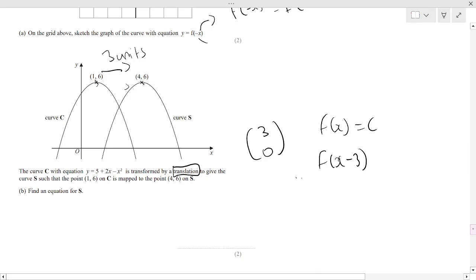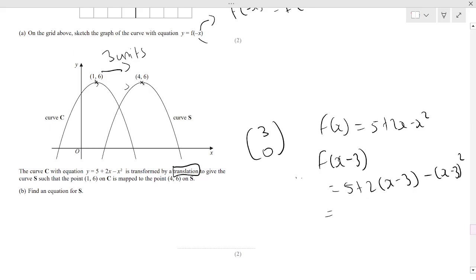So f of x is C, but our equation is 5 plus 2x minus x squared. Then we need to input x minus 3 in. So that's going to be 5 plus 2 lots of x minus 3 minus x squared. So it's minus (x minus 3) squared. You might actually be okay with writing that in as your final answer, but I'm going to expand it.